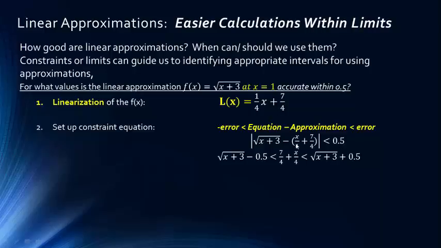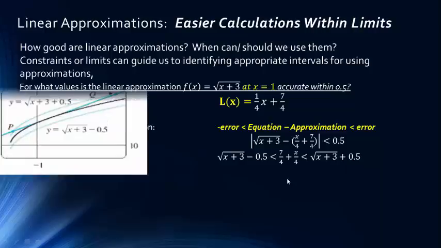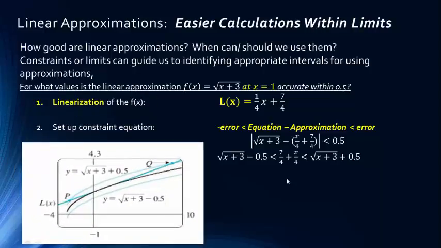Boy, I did this really backwards. I should have just moved that over, but that's okay. So I multiplied by negative 1 so that these were in reverse order, and then I added the original equation to both sides so we can solve for x, okay? So we want our error to be within 0.5. So our approximation is within 0.5 of the original equation, and we could start out that way as well, okay?